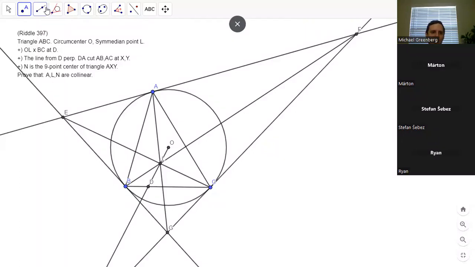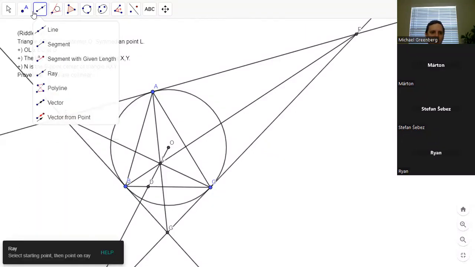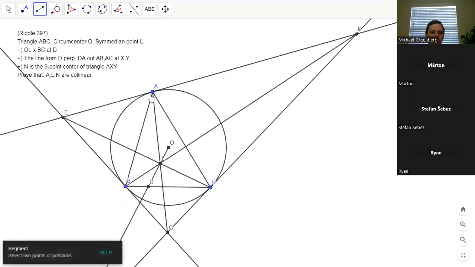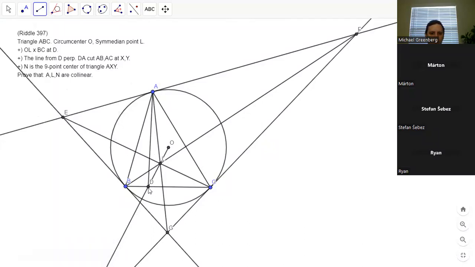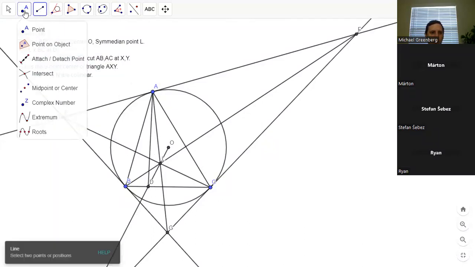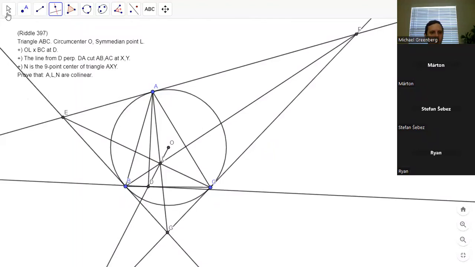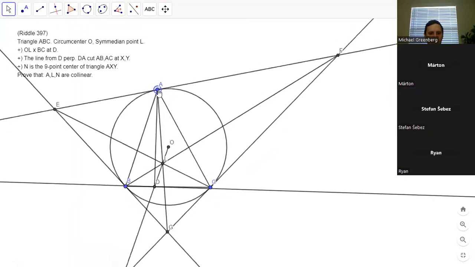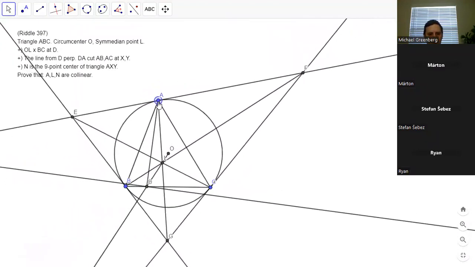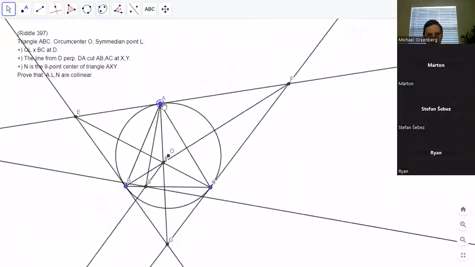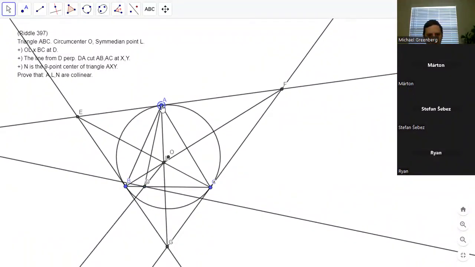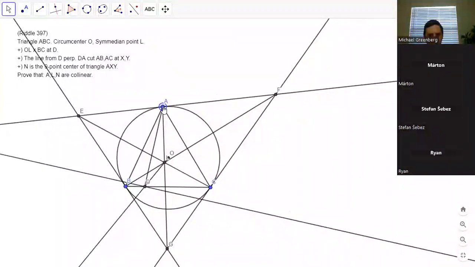So the line from D perpendicular to AD. We want to see where that meets AB and AC. So one of those sides we're probably going to have to extend. Yeah, it's tricky.